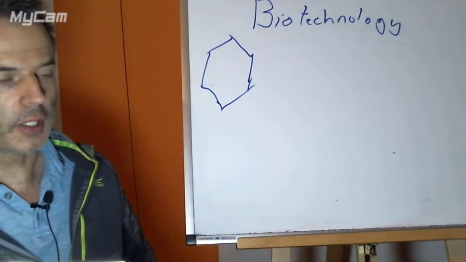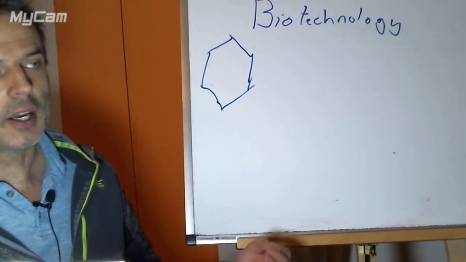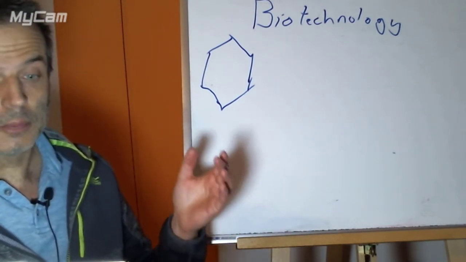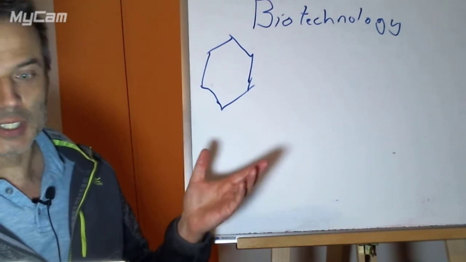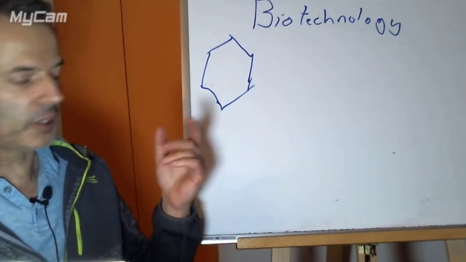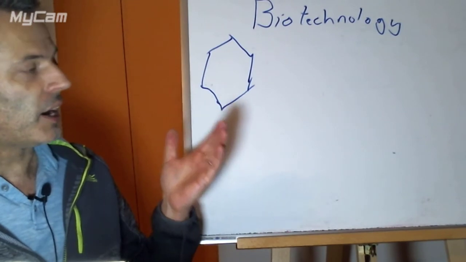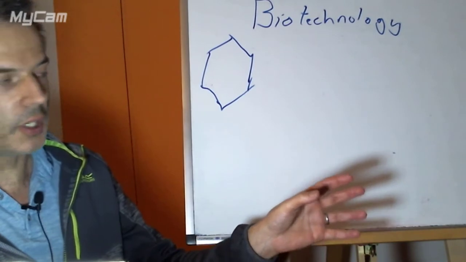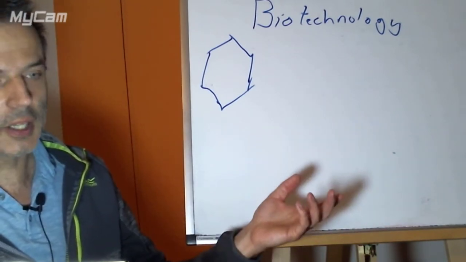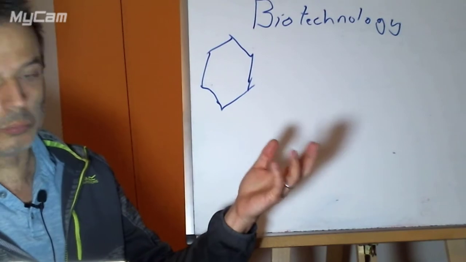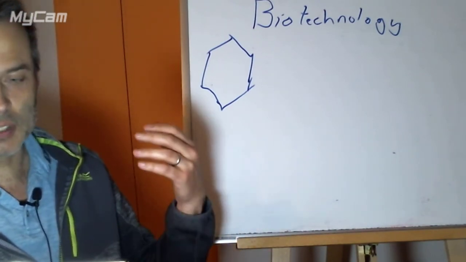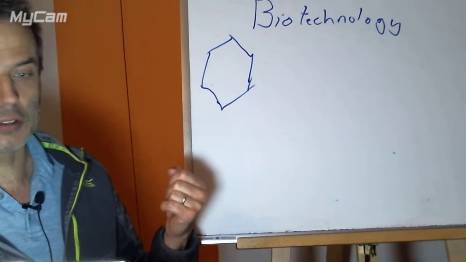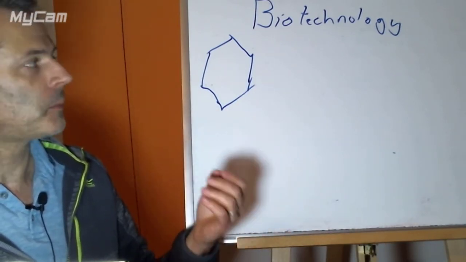But the type of viruses most interesting to biotechnology are the ones that insert their DNA into the host DNA. So they insert some information into the host DNA and then they come back later. Things like HIV have a part of their genome that they insert into the human genome, so they insert it into the human DNA, and then they can be resurrected effectively, even if they're completely wiped out from the body, that cell can start suddenly making virus particles again because it's stuck in the DNA.